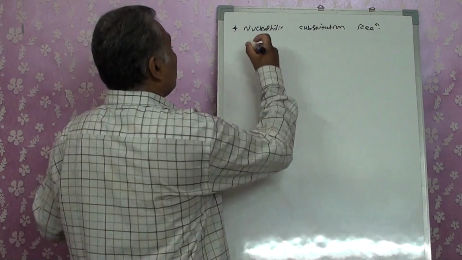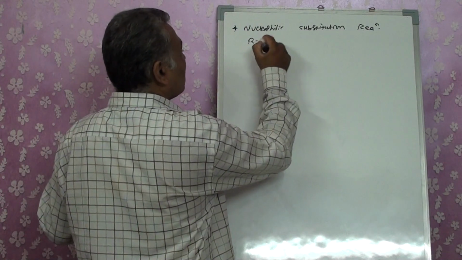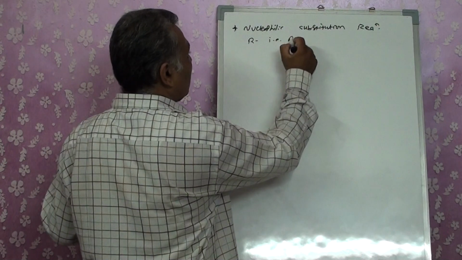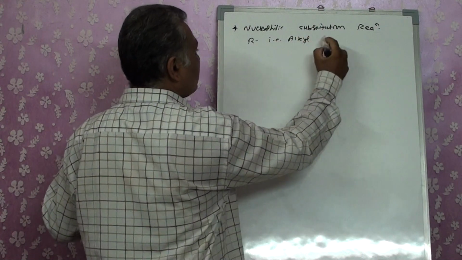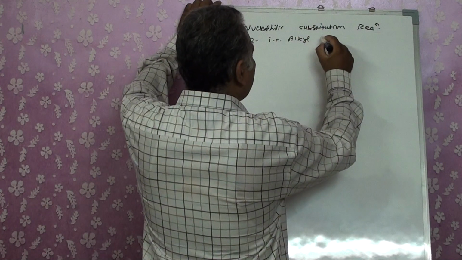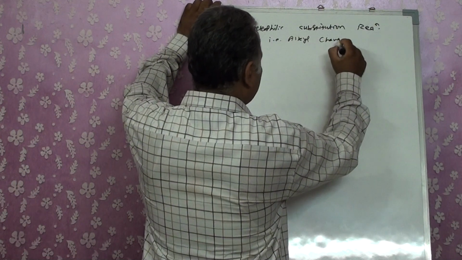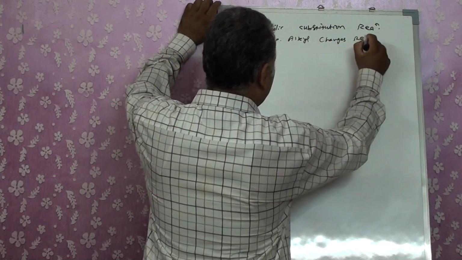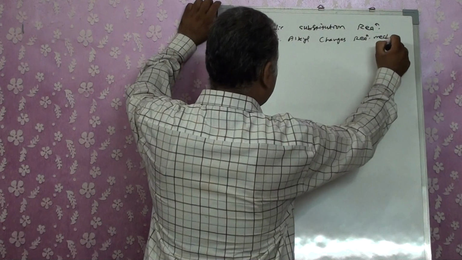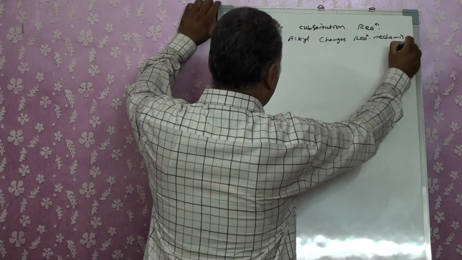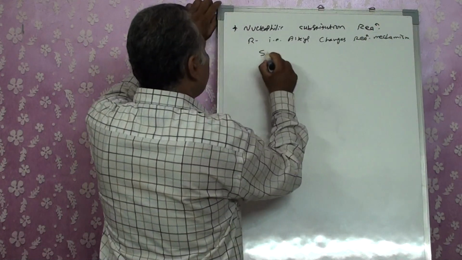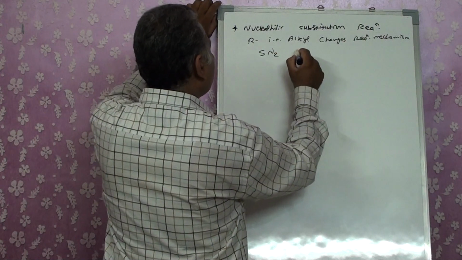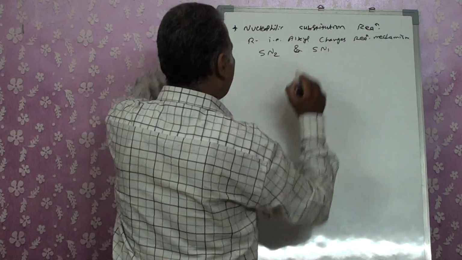So R, that is the alkyl group, changes the reaction mechanism, and therefore we get two types of reaction mechanism, SN2 and SN1.